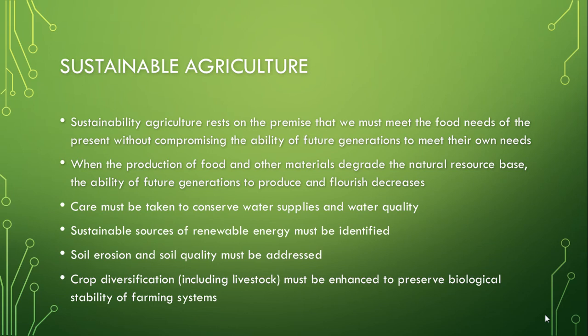When the production of food and other materials degrades the natural resource base, the ability of future generations to produce and to flourish also decreases. So we have to bear in mind that the agricultural systems that we use today, if not done wisely, can have a negative impact on the ability of future generations to produce food for themselves.